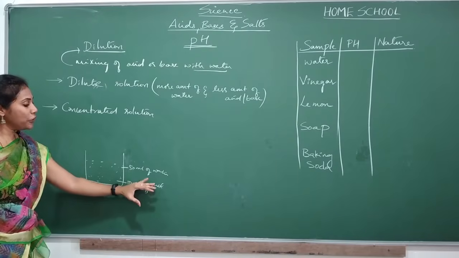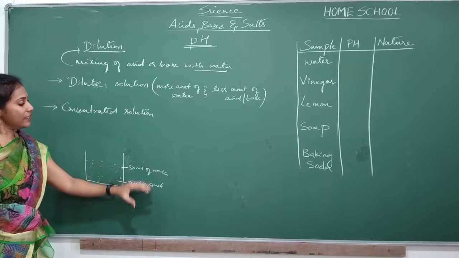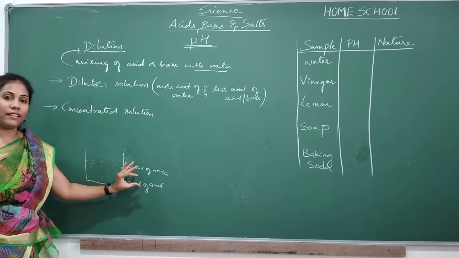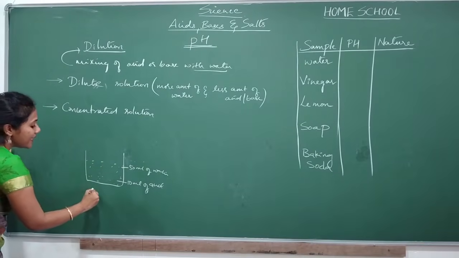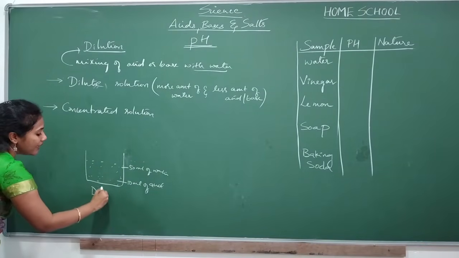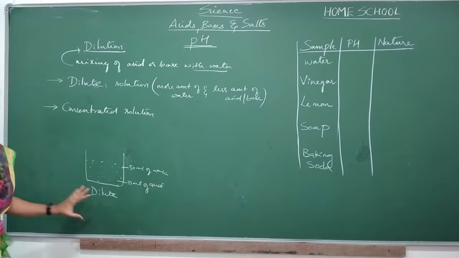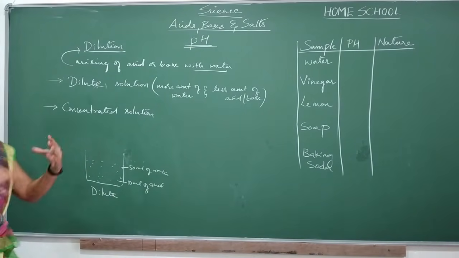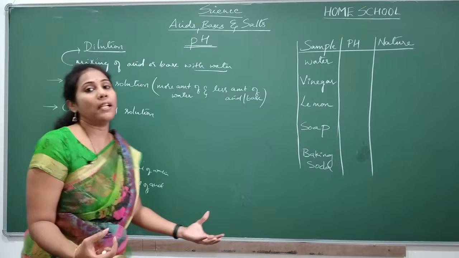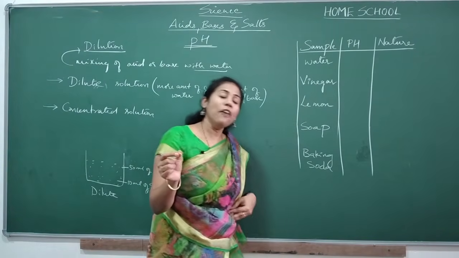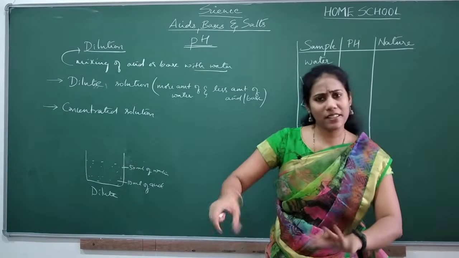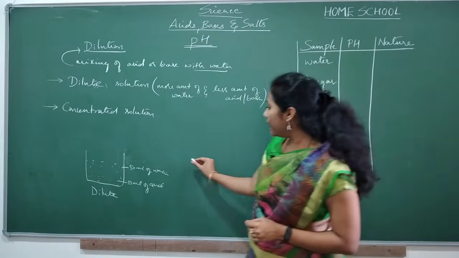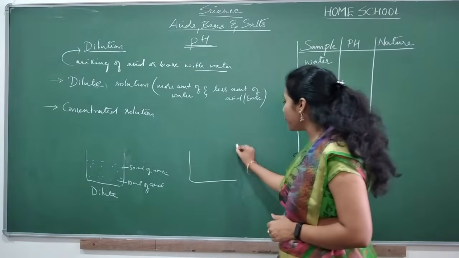See, the amount of acid is very much lesser than the amount of water. Yes or no? Then in that case, this solution is called a dilute solution. Dilute solution in the sense that more amount of water is there and less amount of acid is present. Acid or base, anything.